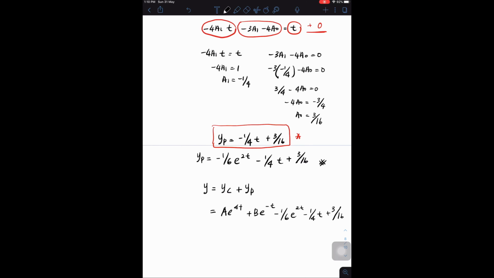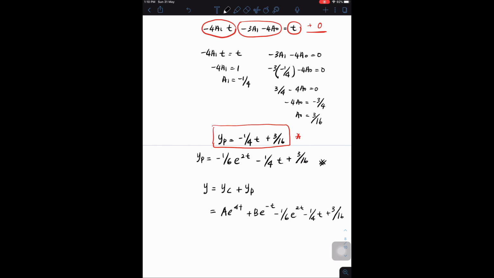Now we substitute all t with ln x. We will have y equal to a e to the 4 ln x plus b e to the negative ln x minus 1 over 6 e to the 2 ln x minus 1 over 4 ln x plus 3 over 16.